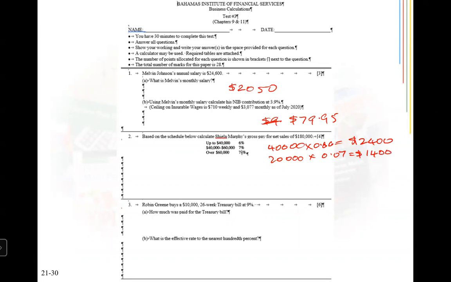And then the last portion, the remaining 120,000, because you already did 40 and 20 is 60. 60 from 180 leaves you with 120,000 times 0.075, 7.5%, and that gives you $9,000. So altogether, that adds up to 12,800.